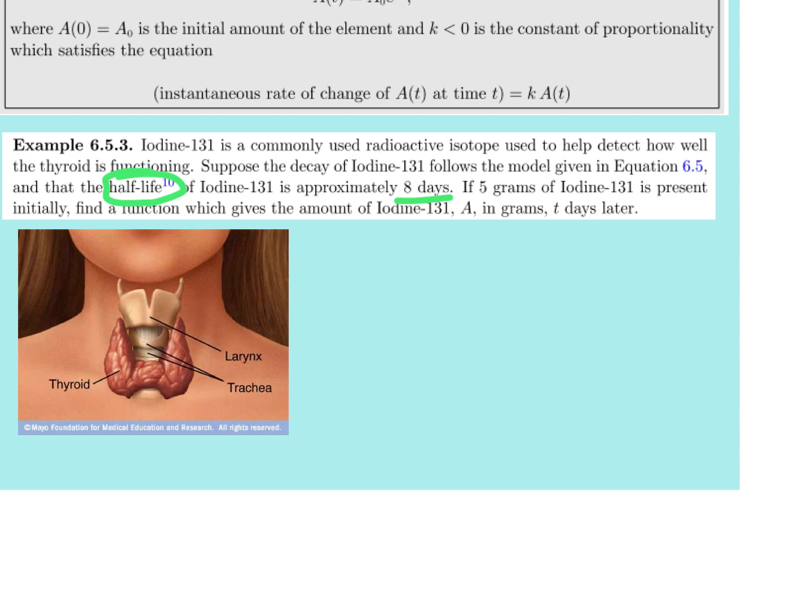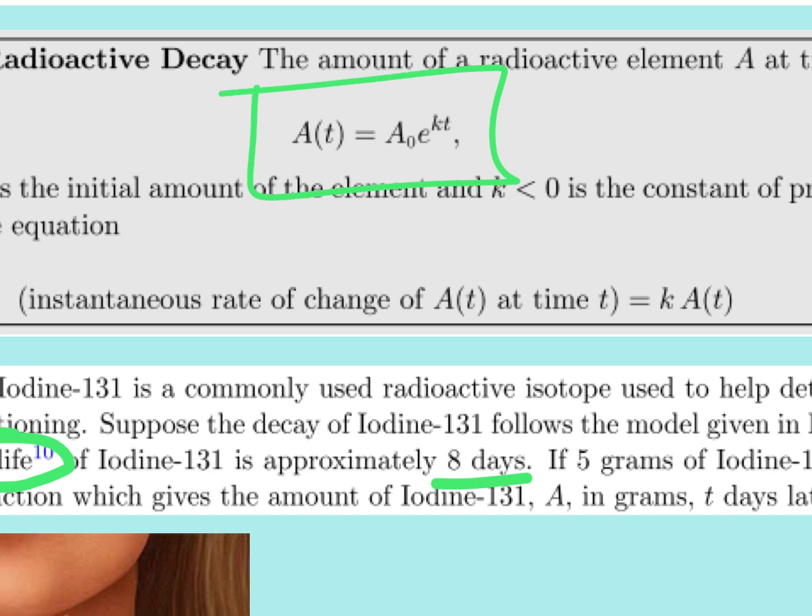And as soon as they said half-life, that wasn't just throwaway info. That was like, oh, so you're saying 8 days later, we will have half as much. All right, so use the same equation right here. It's identical to the other one, except they have an A there, okay? And put in the info that you know, and remember, half-life, 8 days. I'll pause for a second while you put in all the info in the right spots.